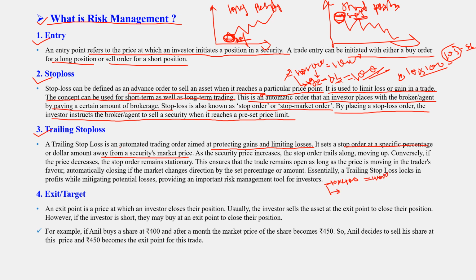We add the stop loss order at 390 rupees, and the advanced version, the trailing stop loss, at 1 rupee. We need to maintain the trailing gap at 1 rupee. As the security price increases, the stop order trails along, moving up, meaning we are expecting the market will be going up, right?